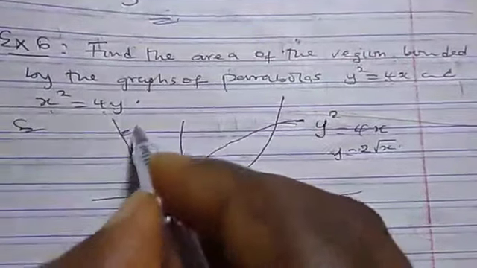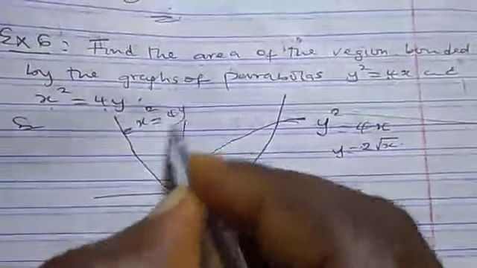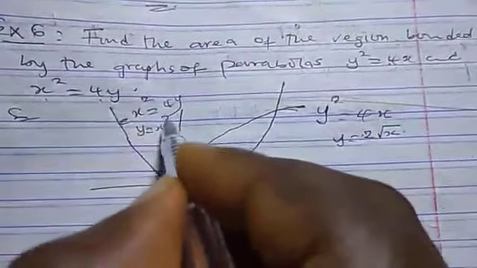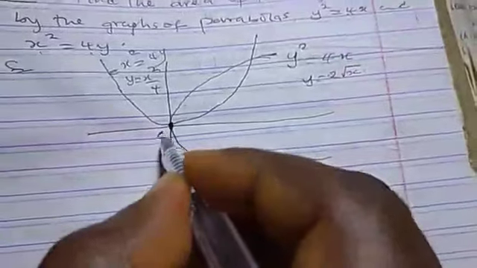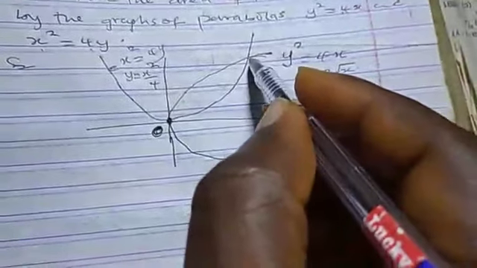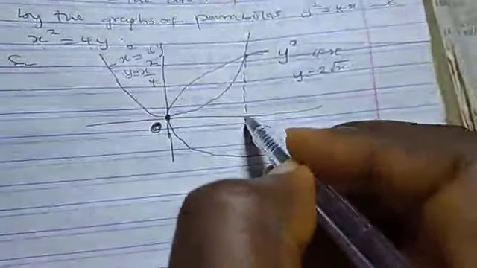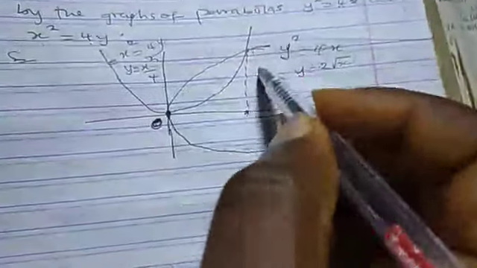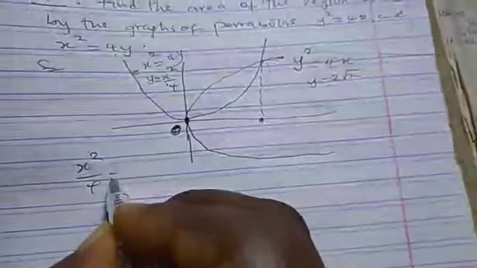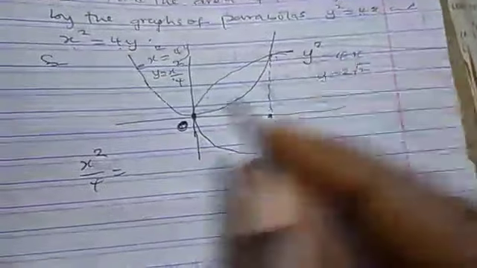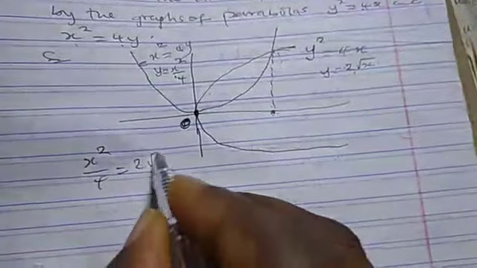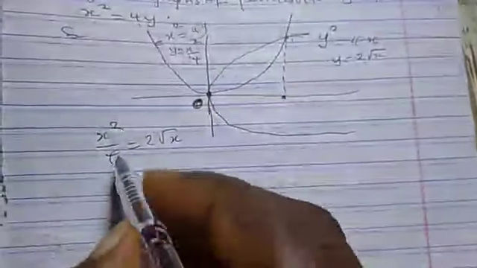So y is equal to x squared over 4. We know that it meets in this place. It will also meet in this place. But the question is, what is this point? Let's substitute this one. x squared over 4 equal to 2 root x. That's how to solve it.